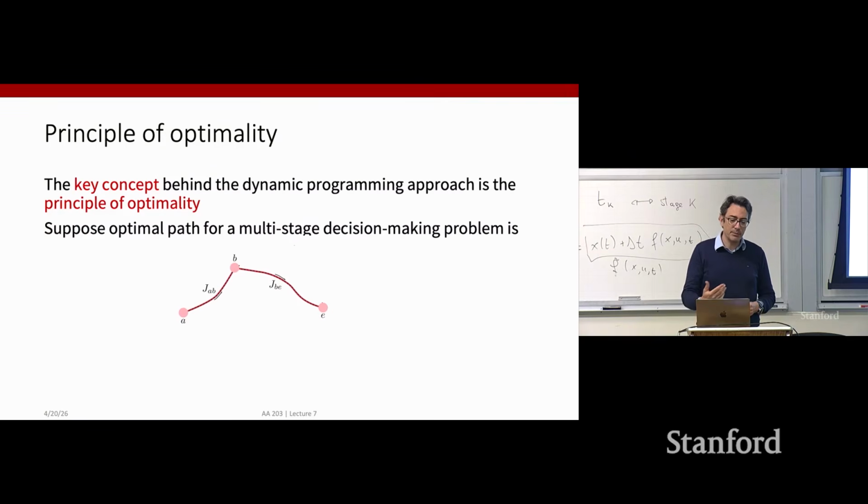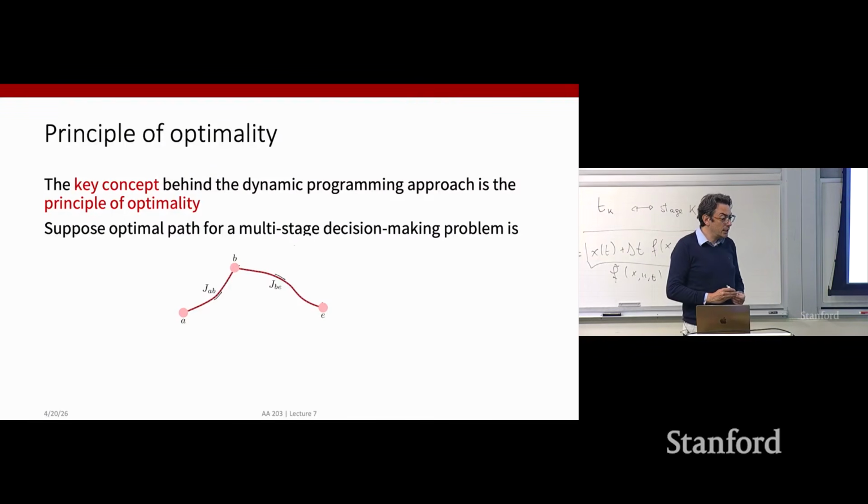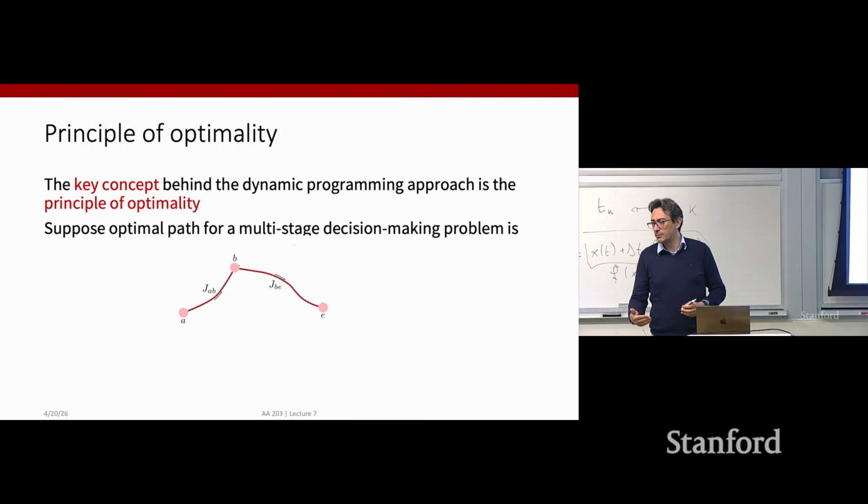So what is the principle of optimality? The principle of optimality is a fairly simple concept. In my experience, the first time that you hear about it, you think it's obvious. If you think more about it, you get a bit confused, but then after a while it becomes obvious again.